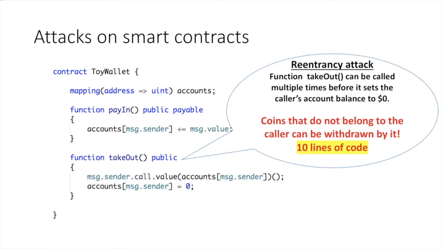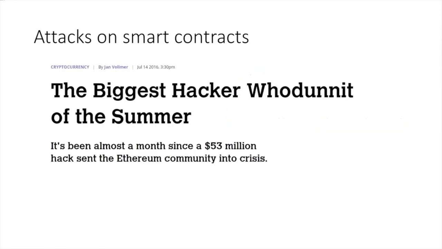This is, as you can probably guess, a pretty devastating bug that would basically cause all the digital assets managed by this contract to be completely compromised. And this smart contract only has like 10 lines of code. So you can see how easy it is to just add some bugs here and there that will completely defeat the purpose of smart contracts.